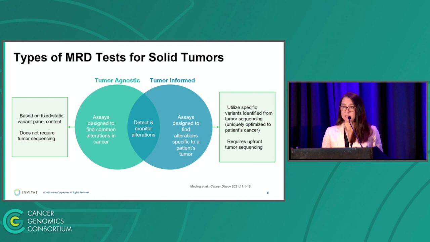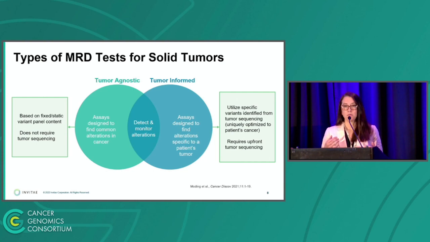Starting with tumor agnostic, these types of assays are a fixed panel, typically going after common alterations. It might be common alterations in one tumor type, like breast cancer, or common alterations in multiple tumor types. And then tumor-informed are assays that rely on the specific genomic alterations in a patient's tumor in order to create the assay, so they're bespoke to each patient.